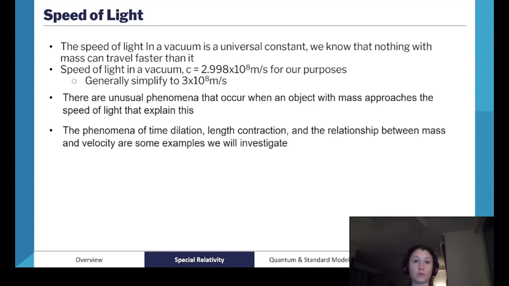So there are unusual phenomena that occur when an object with mass approaches the speed of light that explain why we can actually never travel at or faster than the speed of light. And these phenomena involve time dilation, length contraction, and the relationship between mass and velocity. So, when we're getting into these phenomena, we're also going to be using them to explain the presence of muons in the atmosphere.